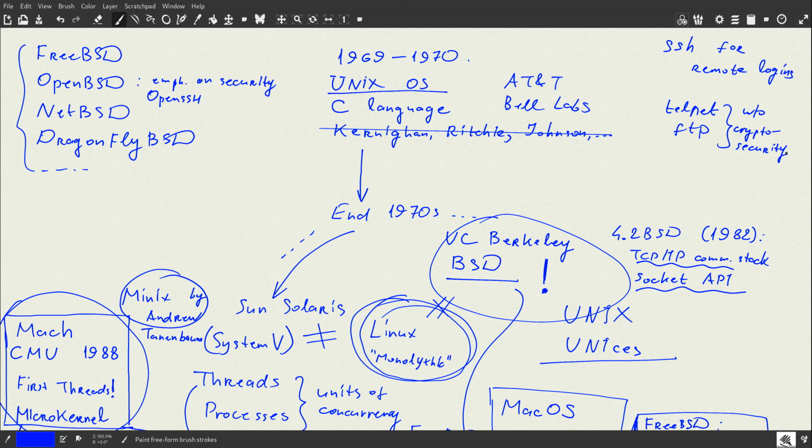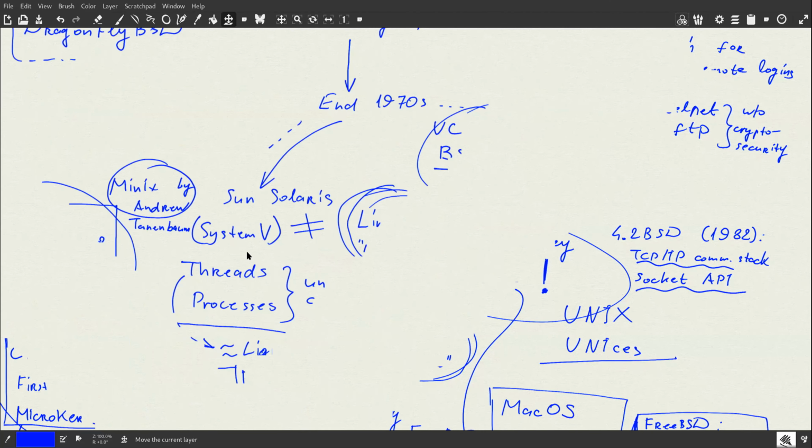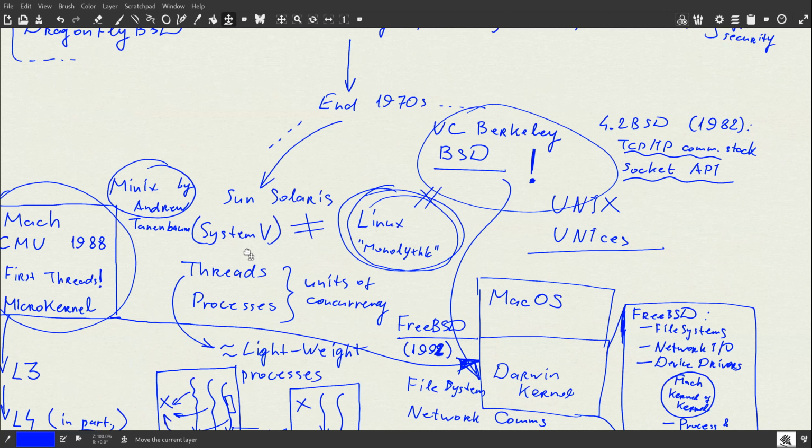And being originally monolithic, the Linux kernel also evolved very much, although we can't see it, it is also a kind of microkernel nowadays.